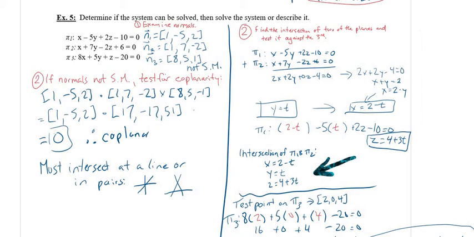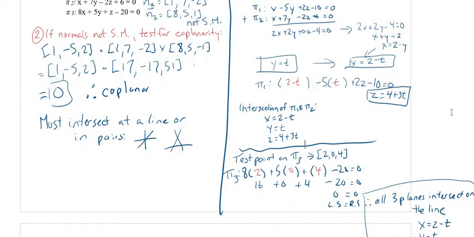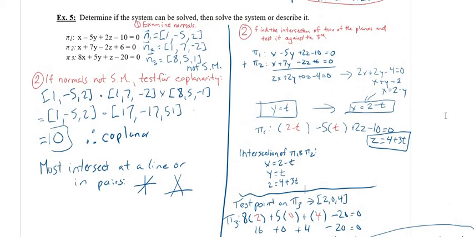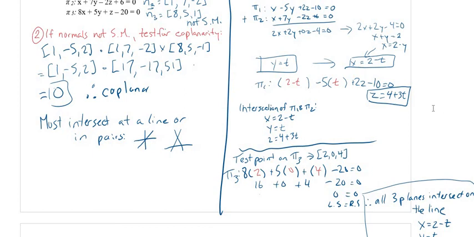So to do that, we're going to pick a point on plane 3 and test it into our line. Actually, scratch that. We're going to do the opposite. We're going to take a point off this line, and we're going to test it in plane 3. In fact, I think you could probably do it either way, but just so it matches my solution here, let's test a point here.